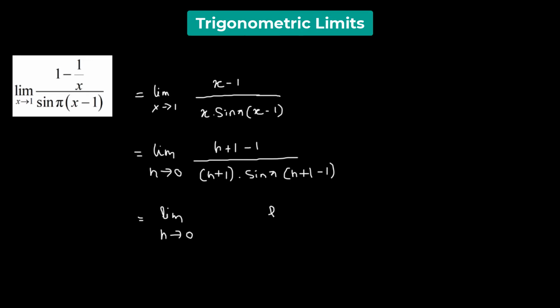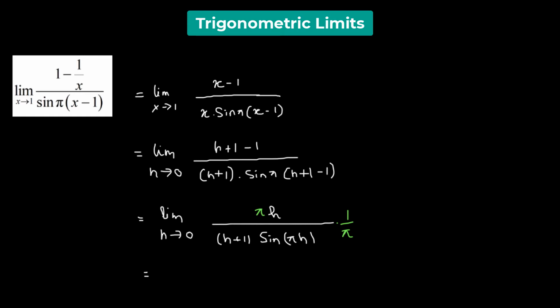So we have h in the numerator divided by h plus 1 times sine pi times h. Now what we're going to do, we're going to multiply the numerator by pi and we're going to divide by pi so that we have a standard limit.